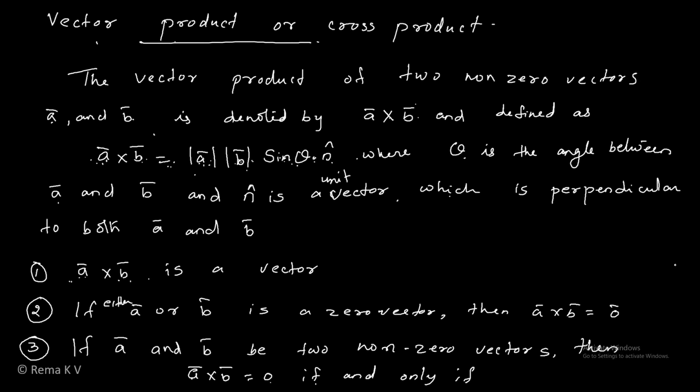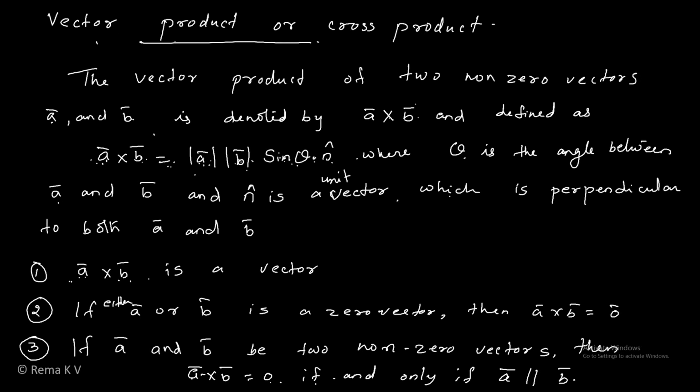A cross B. So here A cross B is equal to 0 if and only if vector A is parallel to vector B. If the dot product is equal to 0, we can say that the two vectors are perpendicular.